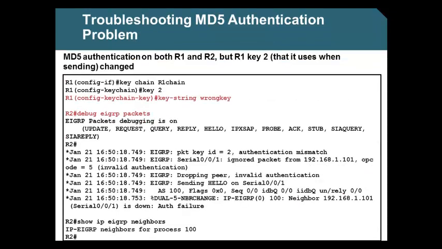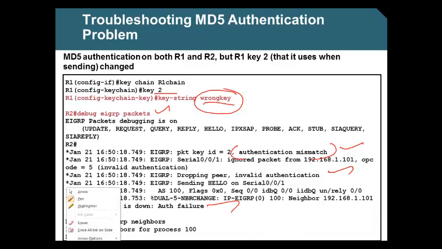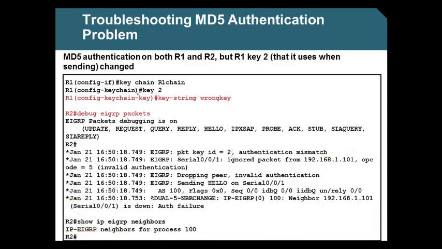Here they are trying to change the password. For key ID 2, they are setting a different password so that you will see the debug authentication mismatch. This is a page to understand the debug command, debug eigrp packet.